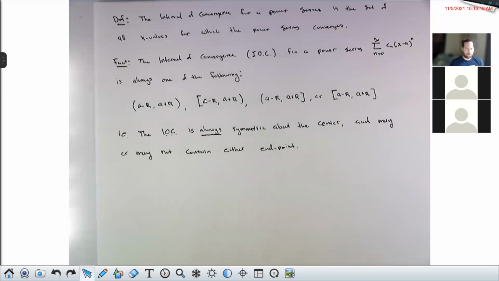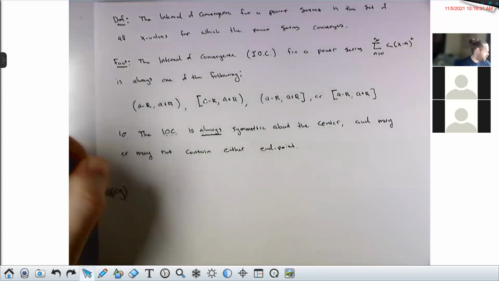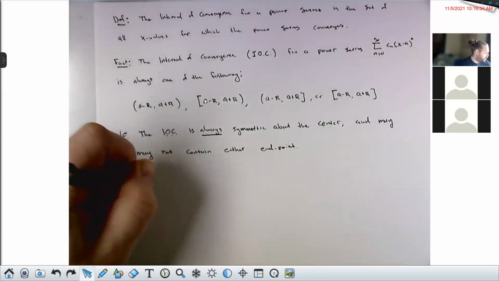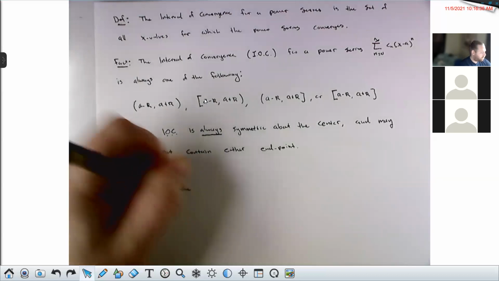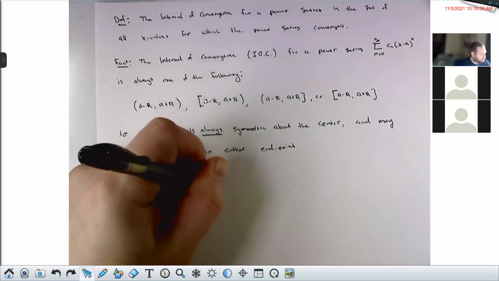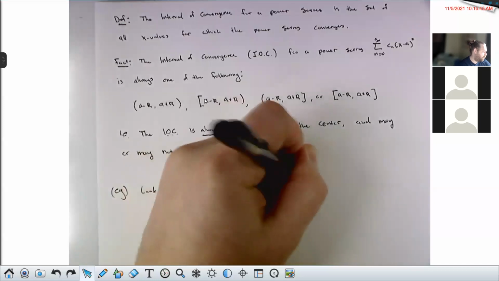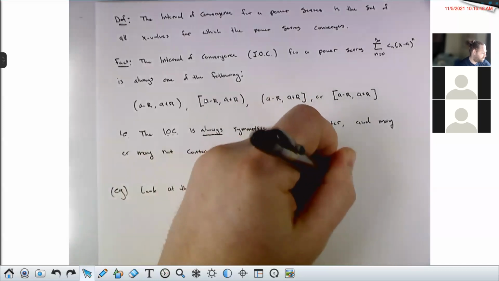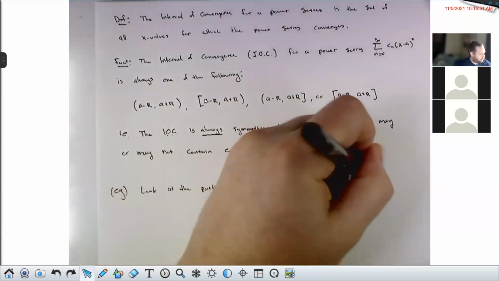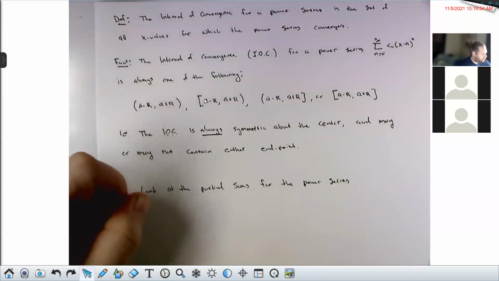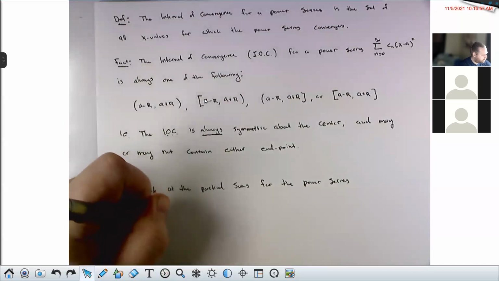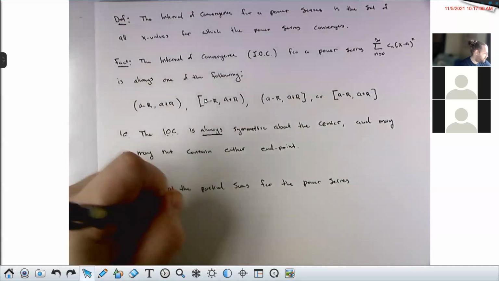I want to look at one example where we're going to play with Desmos a little bit. And then I'm going to show you, let's see where we're at, 10, 16. Yeah, let's do this. All right. So example. We're just going to look at the partial sums for the power series S equals sigma n from 0 to infinity x to the n.